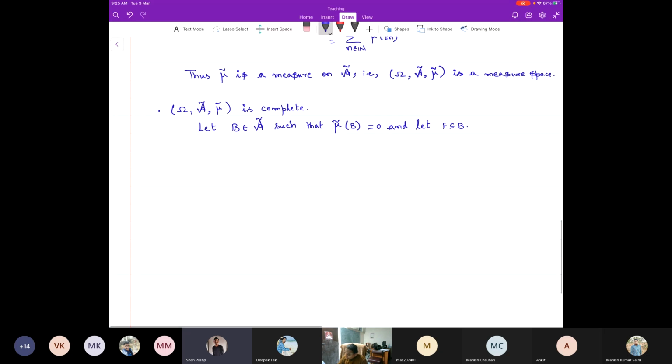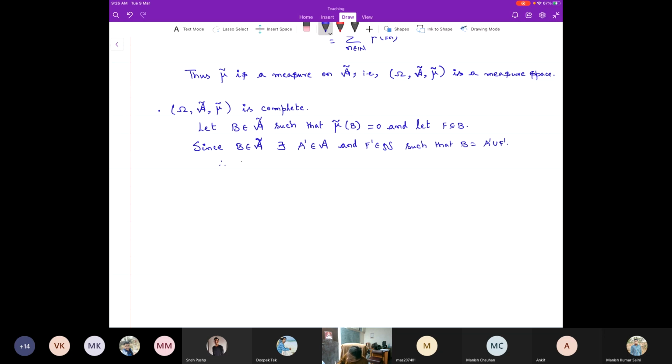Sir, can we use the definition for A tilde, I mean, how we have defined it? Of course. So since B belongs to A tilde, there exists A dash in script A and F dash in script N such that B is of the form A dash union F dash.